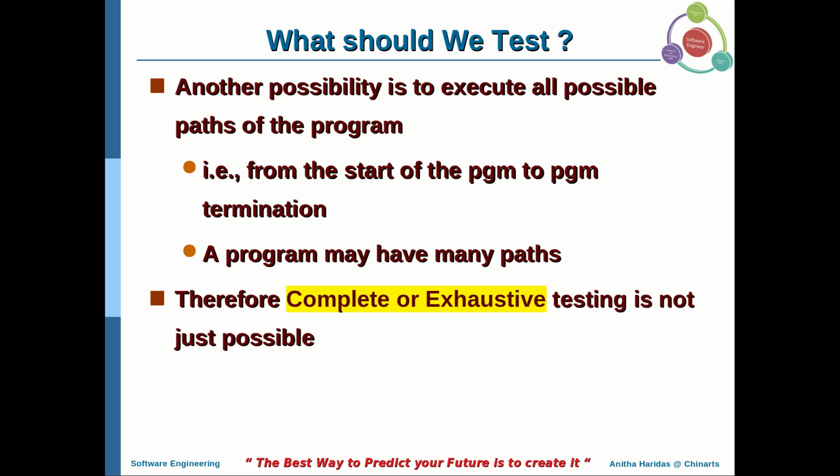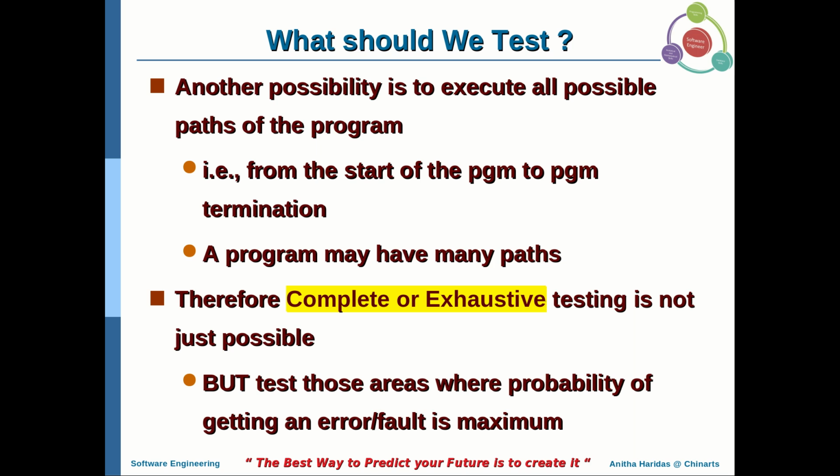And we have come to a conclusion that whatever testing you are going to do, complete or exhaustive testing is just not possible. So you need to follow proper strategies for systematic testing of the areas where the probability of getting an error or fault is maximum.